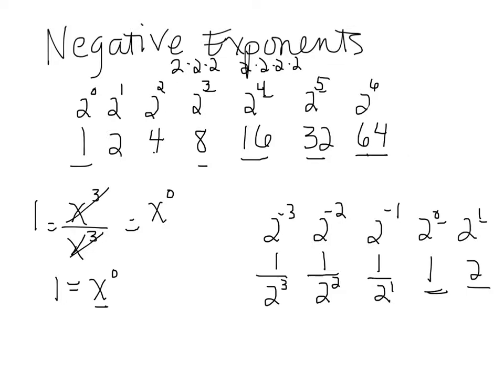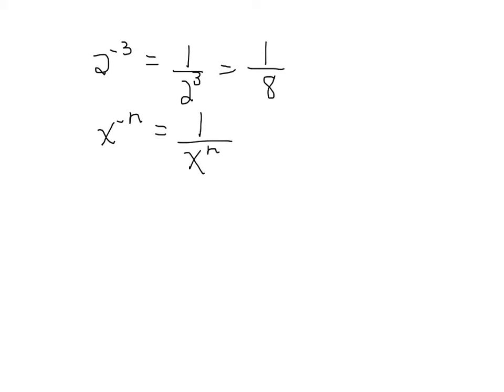What this means, any number, anytime, let's look at this one again. 2 to the negative third is equal to 1 over 2 to the positive third, which equals 1 over 8. What we would say using algebra is any number raised to a negative exponent is equal to 1 over that number to the positive exponent. So if I say 3 to the negative fourth, that means 1 over 3 to the fourth.